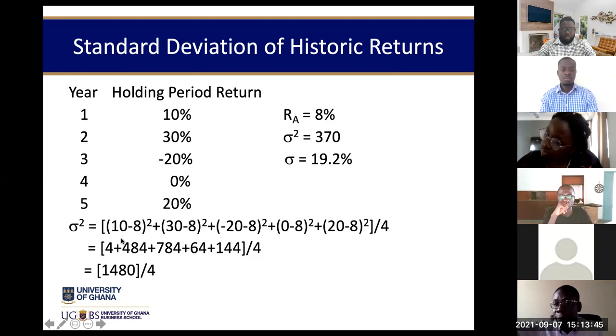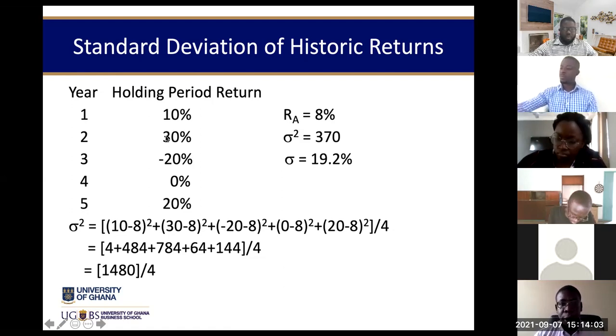So there's a positive deviation, or a positive surprise, of 2. That's your variance. Simple. We expected the average return to be 8, in year one it was 10, so there's a positive surprise of 2. So write that down, 2. We'll do something very soon. What was the return in year 2?